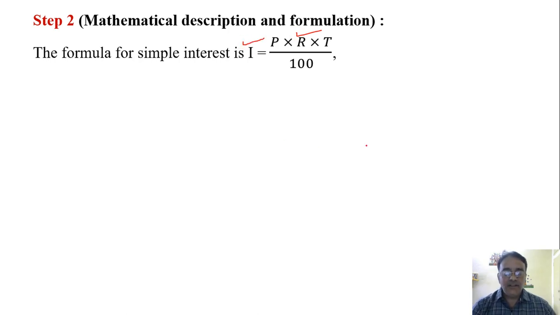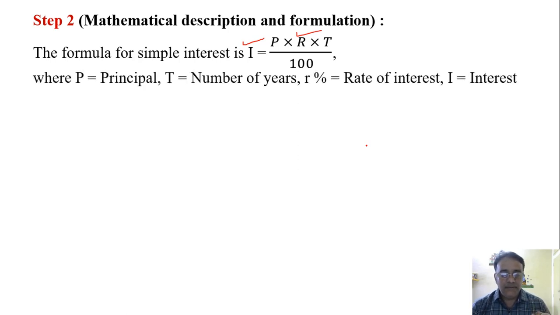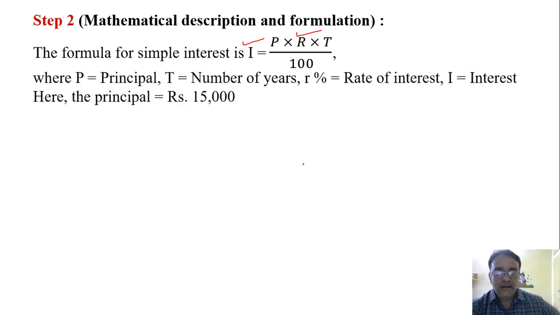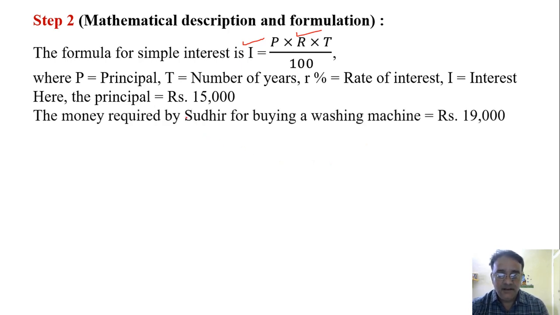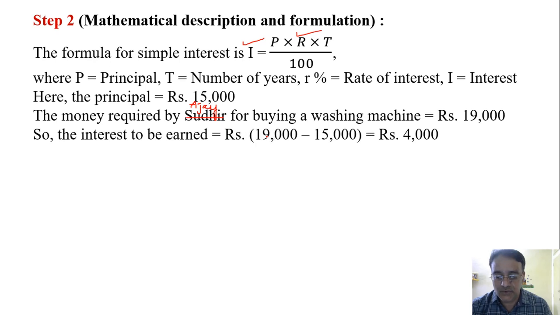Here the principal amount is given, rupees 15,000, and the money required by Ajay for buying a washing machine is rupees 19,000. So the interest to be earned is 19,000 minus 15,000, that is equal to 4,000.